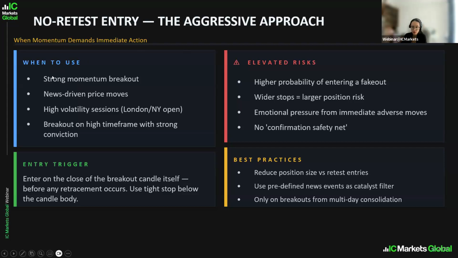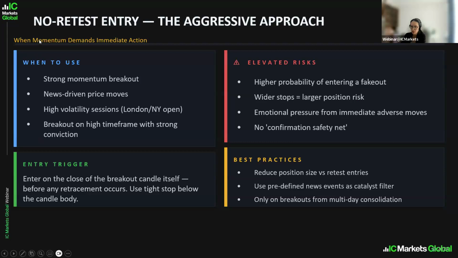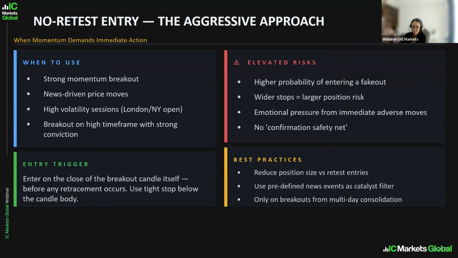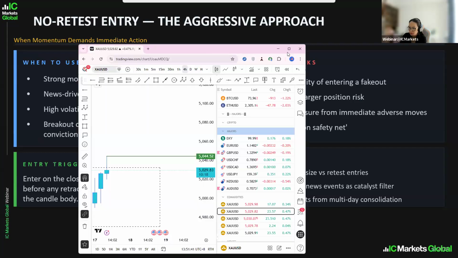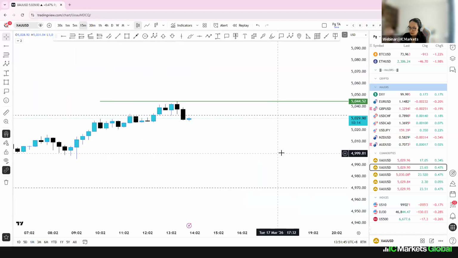So what you need to do is look for the strong momentum, which is the breakout candle. But before this slide, we were talking about when price breaks out, you wait for the pullback or retest entry, which is here, for example, on M15.